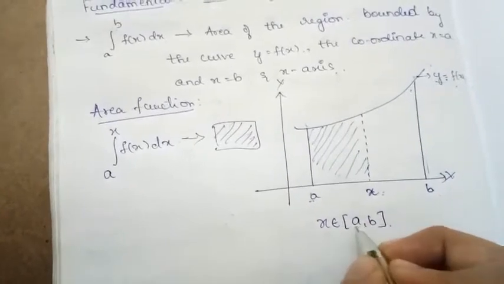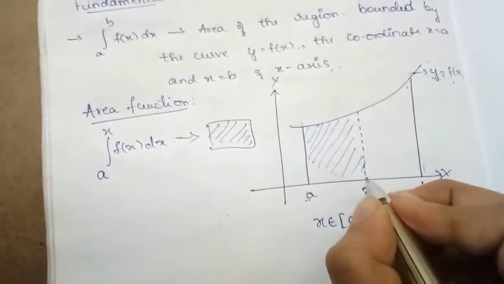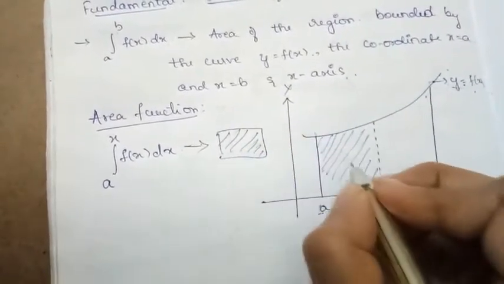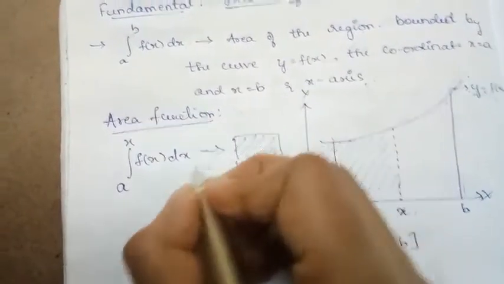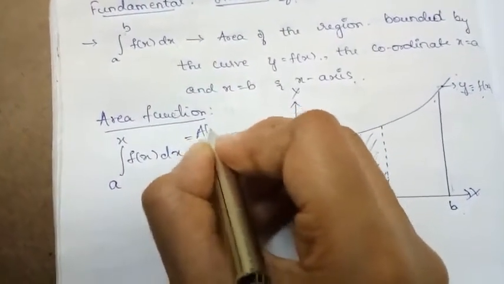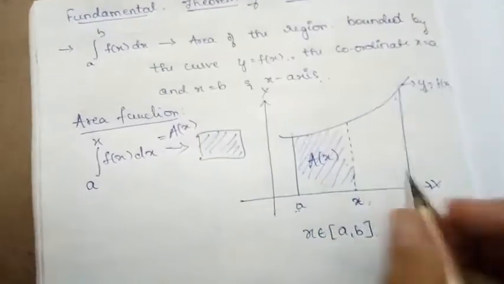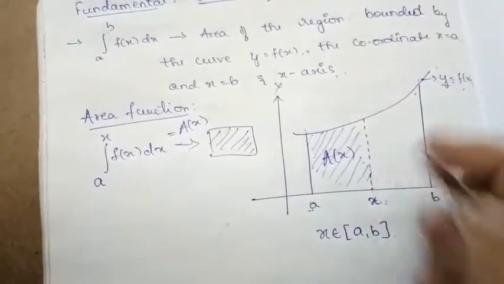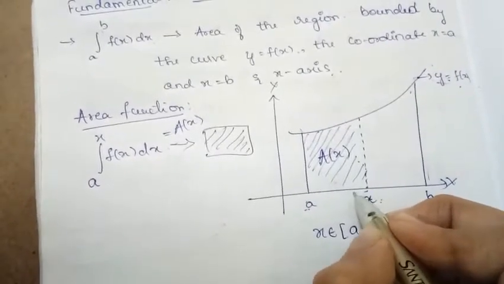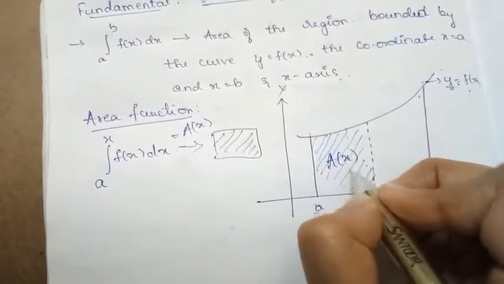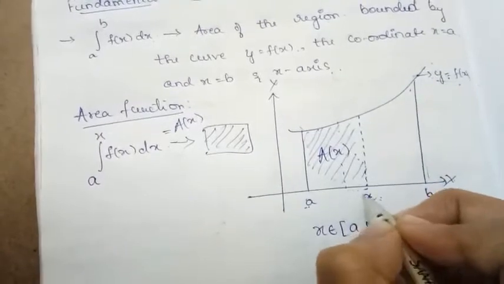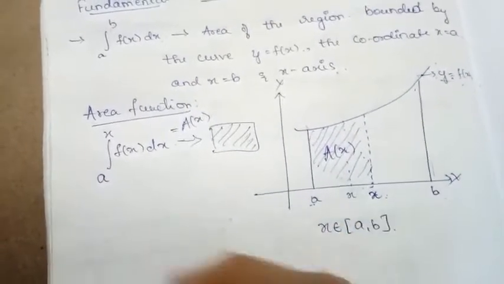As I said, x is lying between a and b. Now I am calling this shaded region A of x. If I move this x towards the left, somewhere here, what happens?